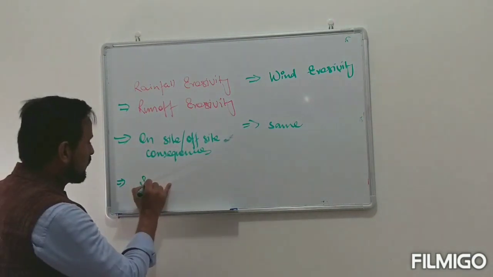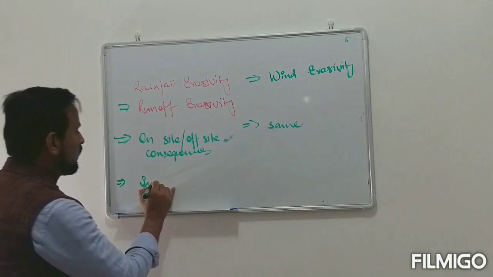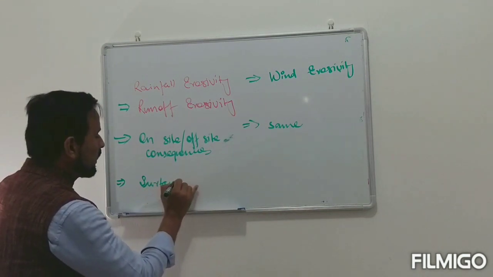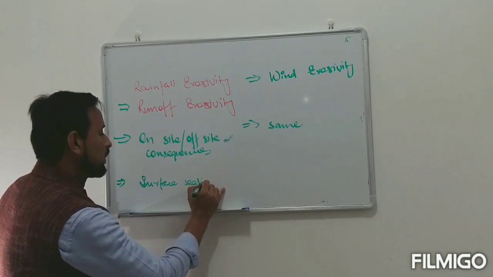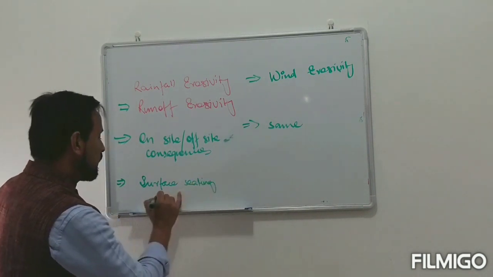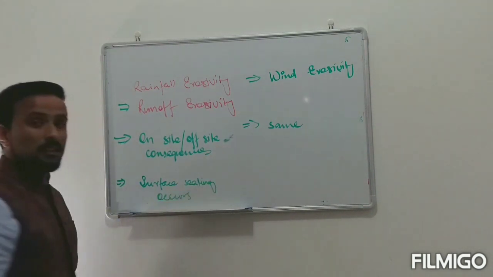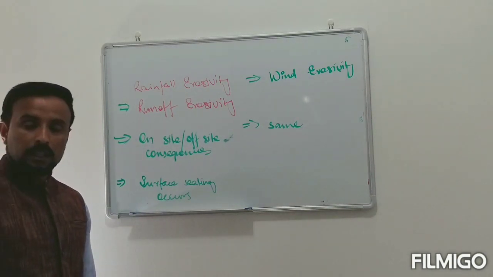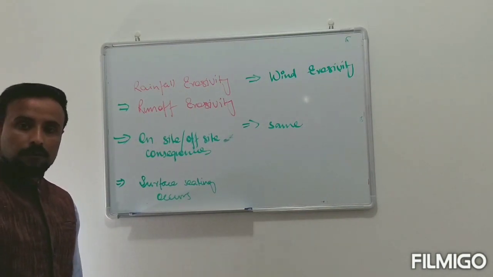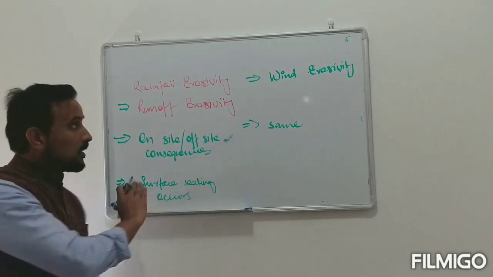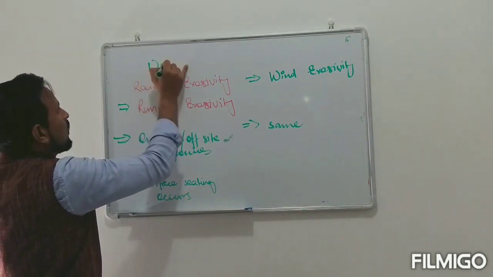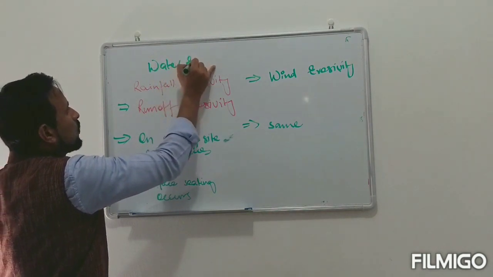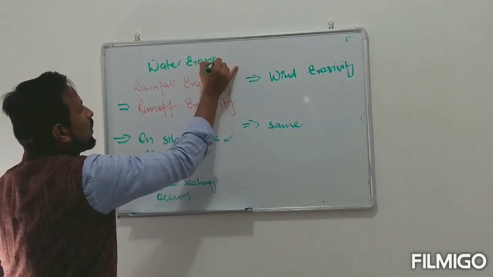Then in this, surface sealing occurs. When the rain occurs, the surface is sealed by clay-sized particles. In case of water erosion, right?